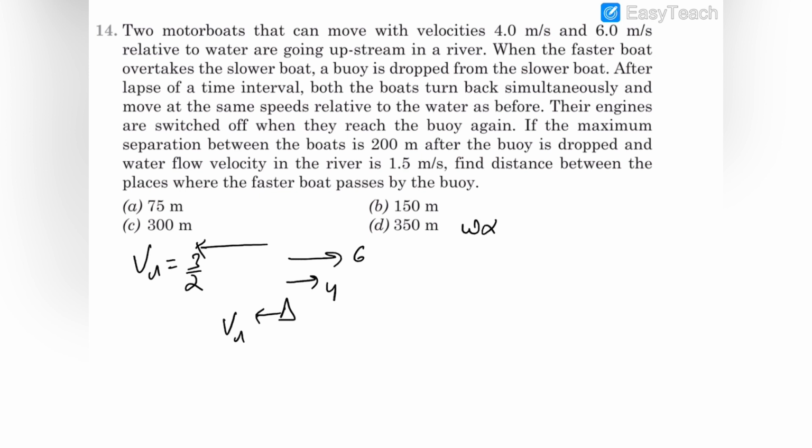So if we draw the diagram with respect to the river, then with respect to the river these velocities are 6 and 4, and t is the time when they turn back. So in that time t, this boat A would have moved by a distance of 6t and this one has moved by a distance of 4t.